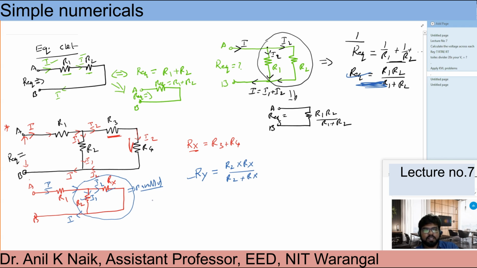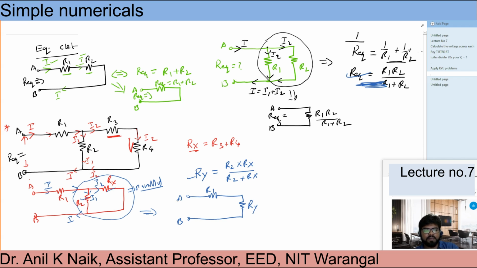Then what is the equivalent circuit you are going to get? This is my equivalent circuit now: A and B, this is my R1 and this is my Ry. Ry is R2 into Rx by R2 plus Rx.